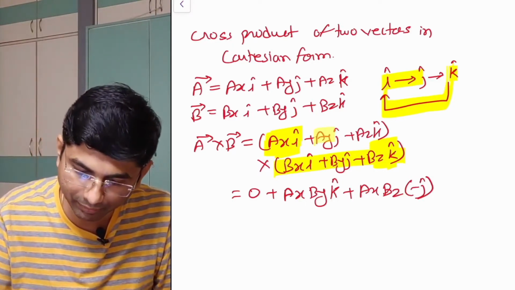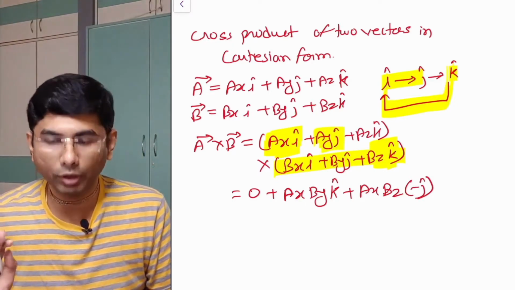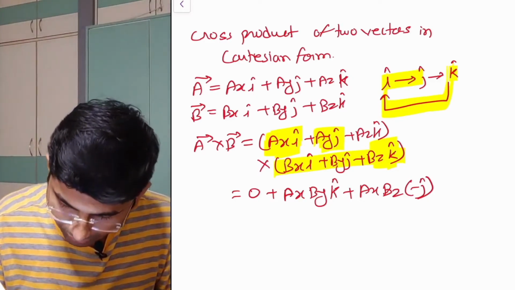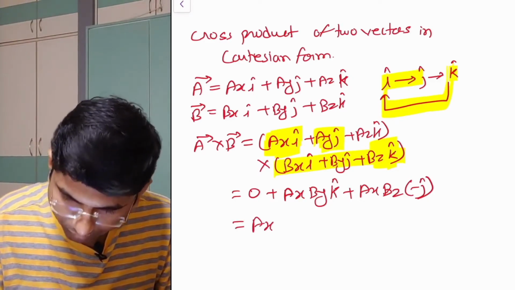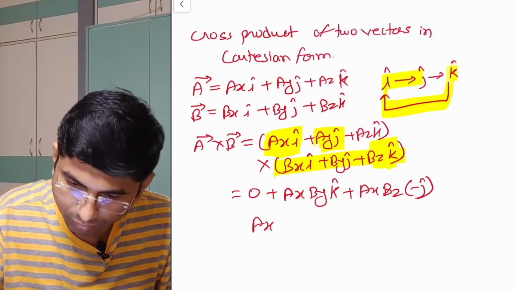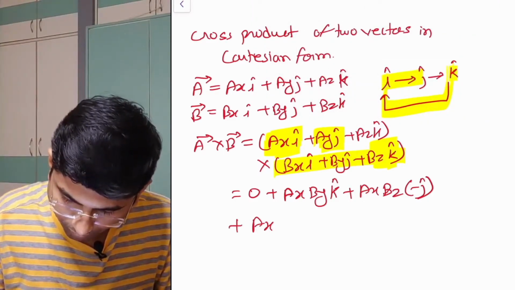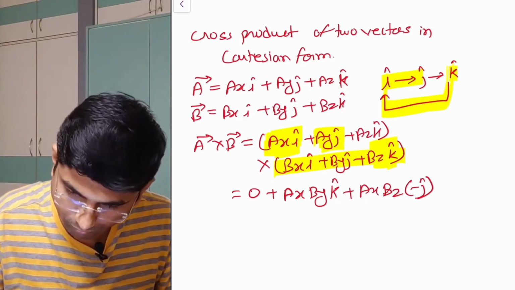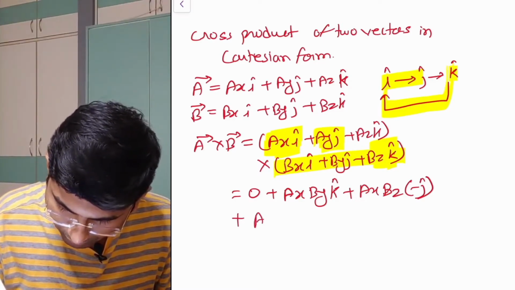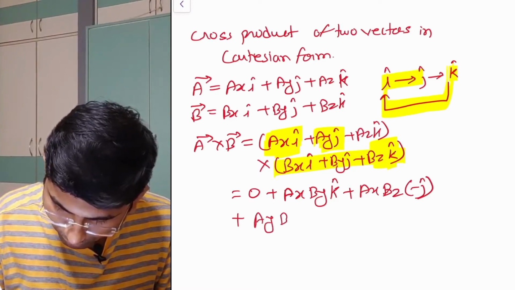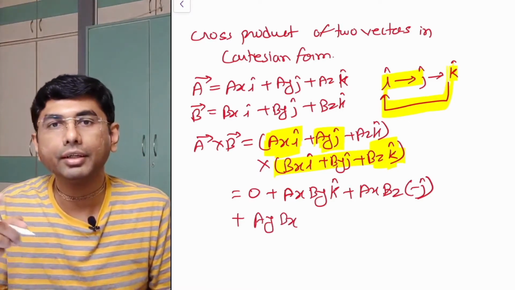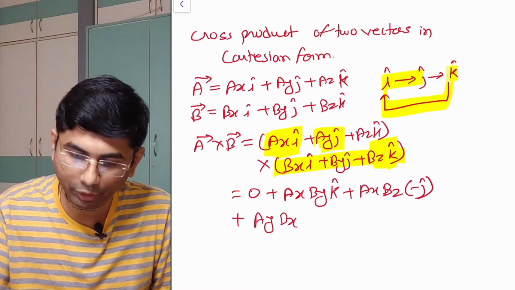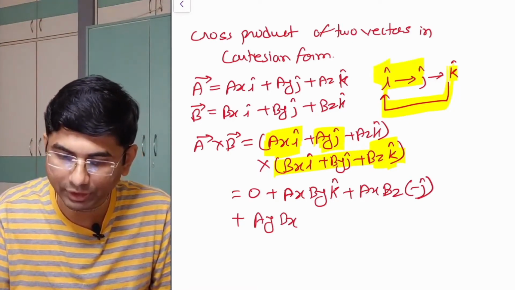Now the next term, again it will be getting multiplied with all these three terms. First term plus ay bx, again j cross i. It's in which sequence? It's in opposite sequence, j cross i.